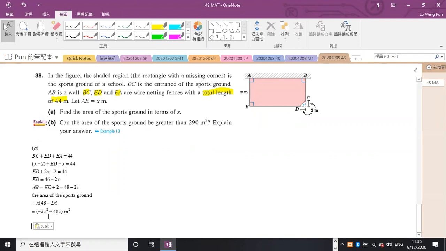Which means that the graph will be opens downwards, okay? And then we will have a maximum value.